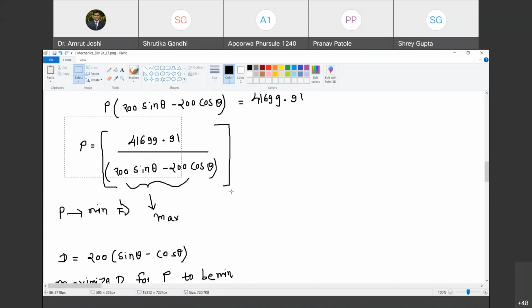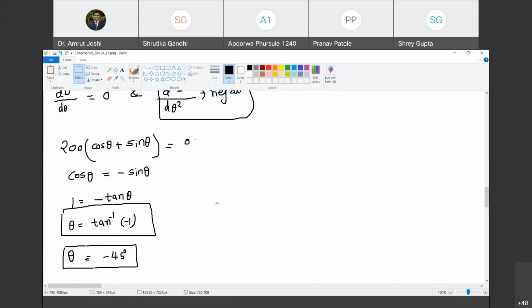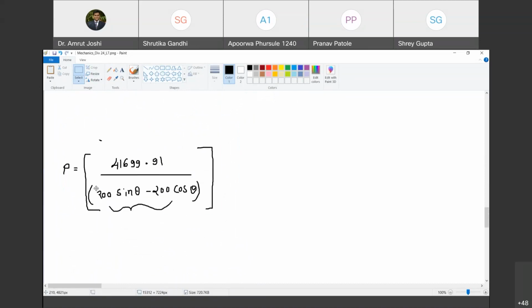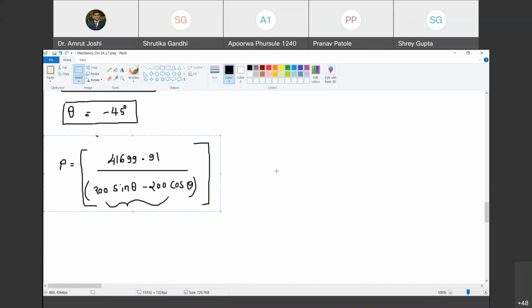So therefore, pay attention now. What is P minimum? P minimum will be equal to this quantity when I substitute theta equal to minus 45. Substitute theta equal to minus 45 and tell me the value of P minimum.